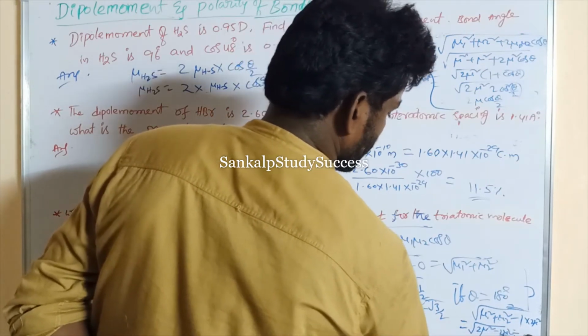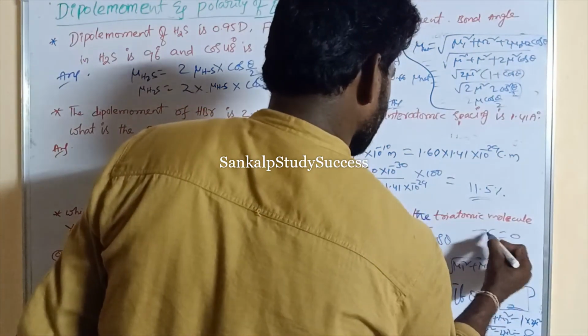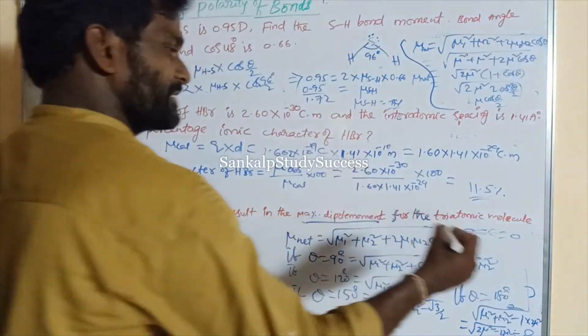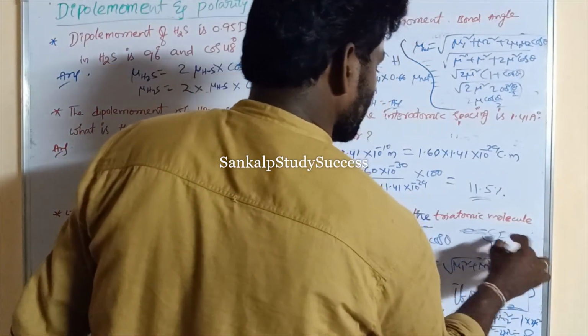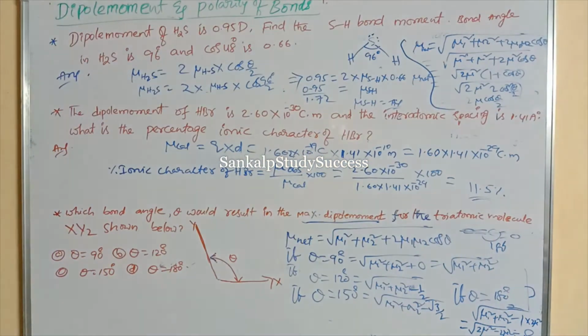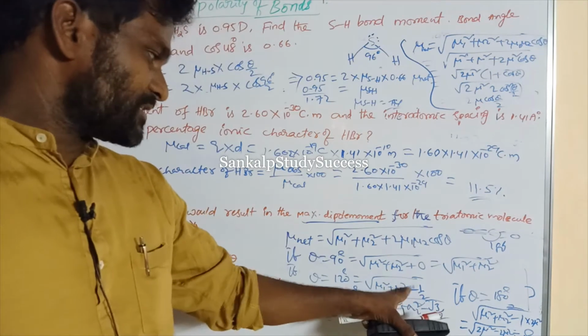That means 0. So when the bonds are similar, suppose C double bond over C double bond, this is linear, its angle is 180 degrees, and its bonds are the same. So this is also 0, this is a minus value, this is also a minus value.